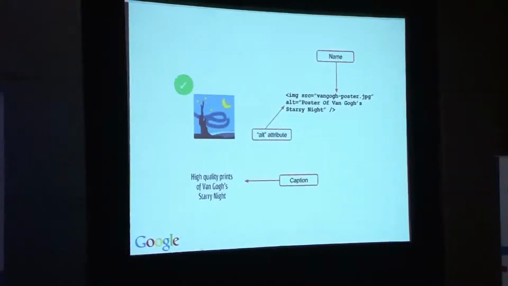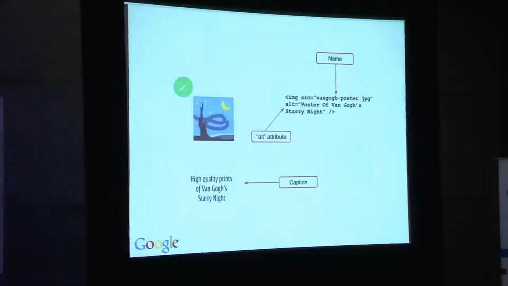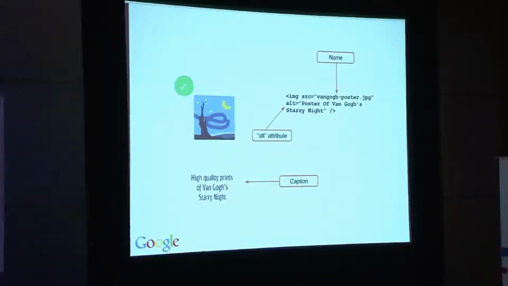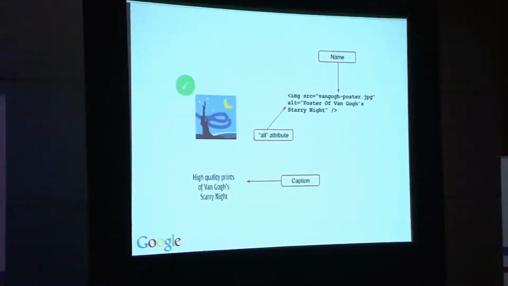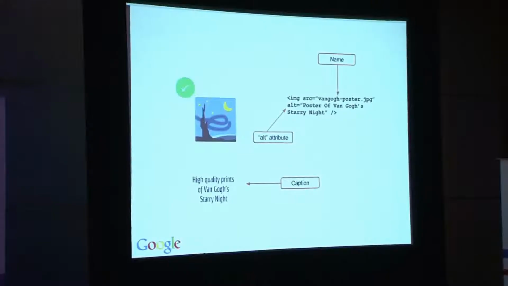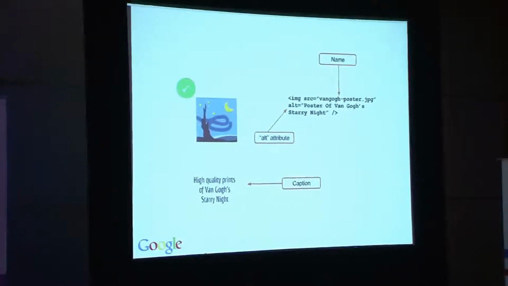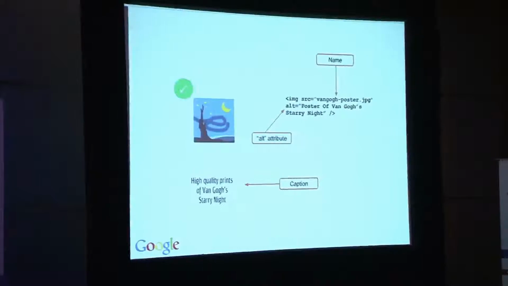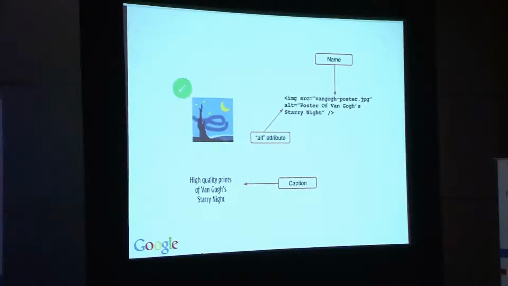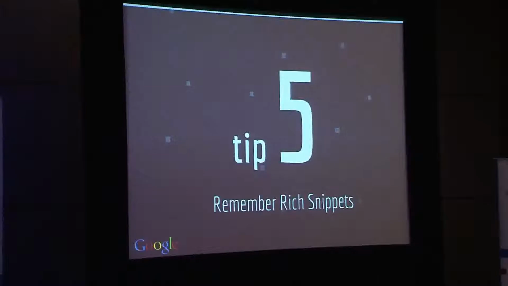This is also useful for users who have disabled images in their browsers. If there is a problem loading the image, they will see this alternate text and know what was there. So that helps the users as well as the search engines. The other thing is to use captions for your images. That also helps. Tip number 5, remember rich snippets.